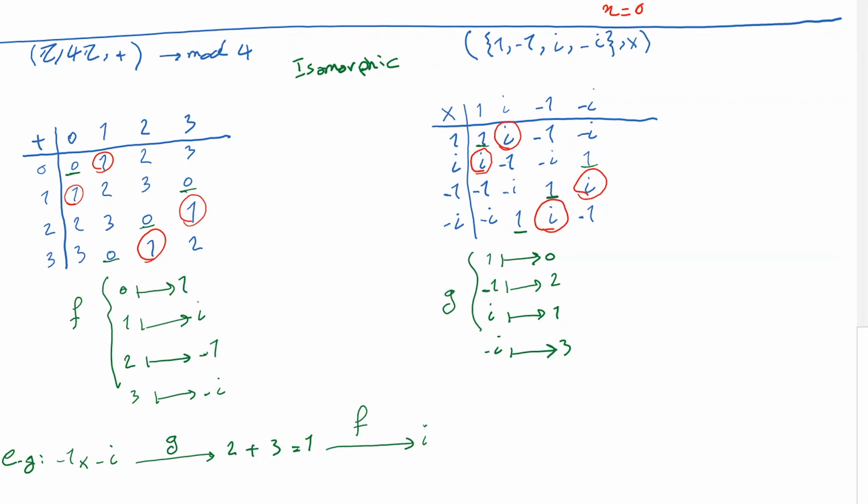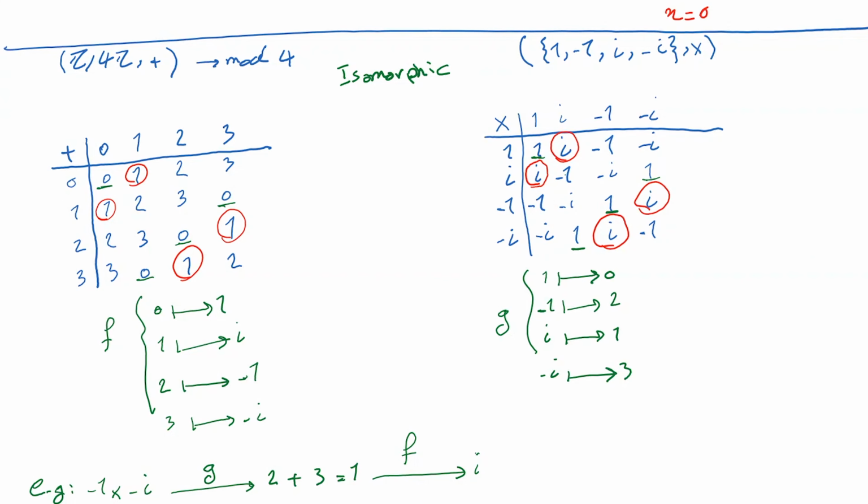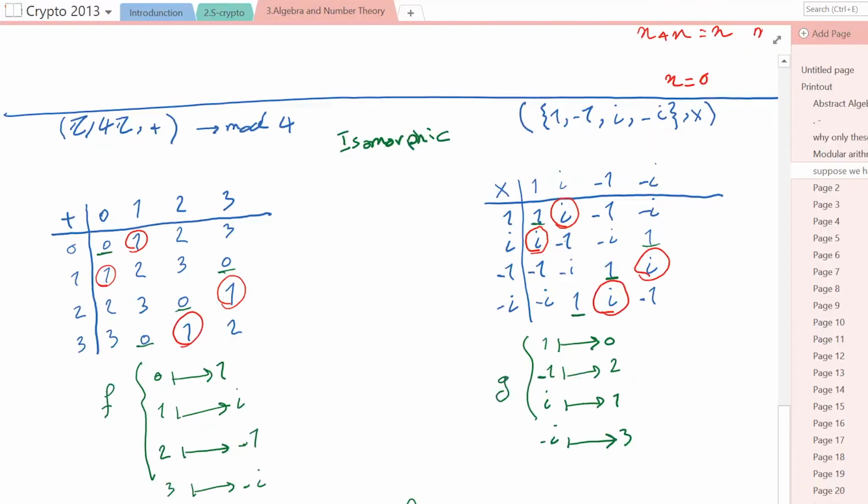No matter which of these elements I take, I can always get this result, right? So this is why I brought up this topic. Sometimes if we can map from one group to the other group, then we can have better performance. This is the sort of property that we are going to use very soon to see how we can do things more efficiently.